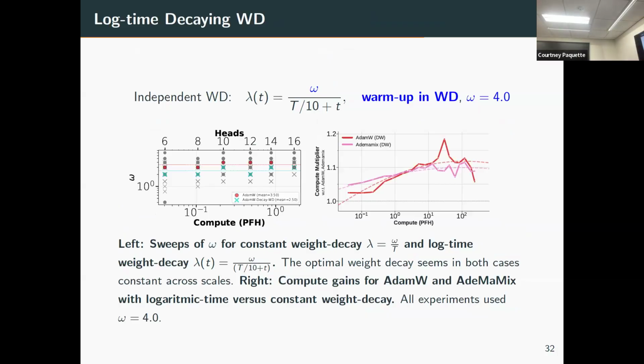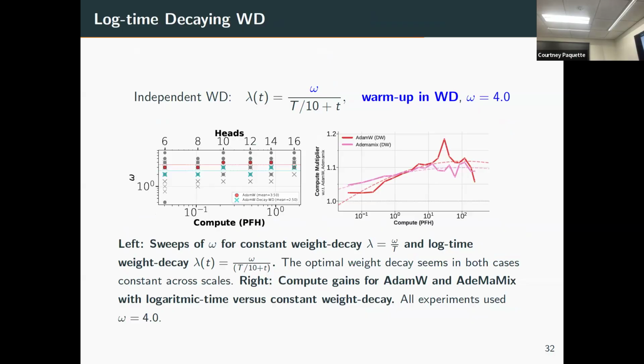The other weird thing that you should do has to do with weight decay. Weight decay should also be on a log scale, so it should also have a 1/t behavior to it. Why? Because everything else has a 1/t, so your parameter should also be decaying like t to some power.